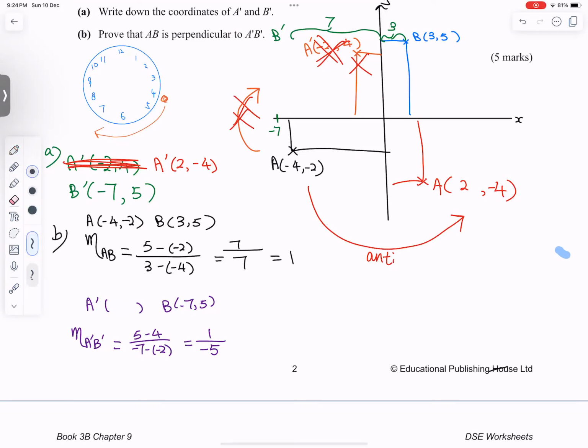2 and -4. So let's see what do you get now. It's 3 on top, -7. So you get -1 there. And then to prove if something is perpendicular, you multiply their slopes. And if it equals -1, it is the answer.